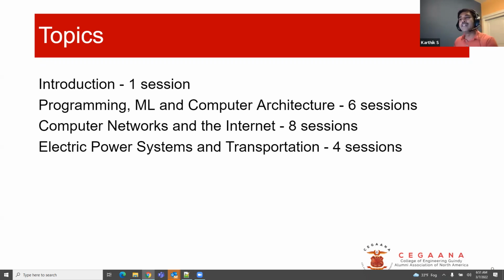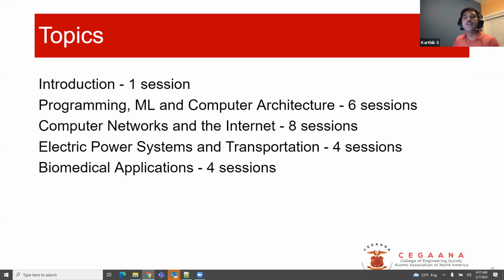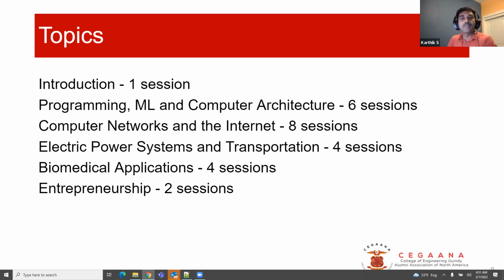And then again, switch topics to go to electric power systems and transportation for 4 sessions. And biomedical applications for 4 sessions as well, before topping it off with entrepreneurship and customer discovery for 2 sessions.